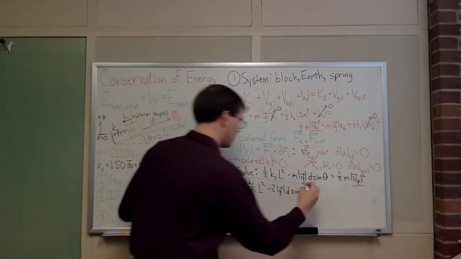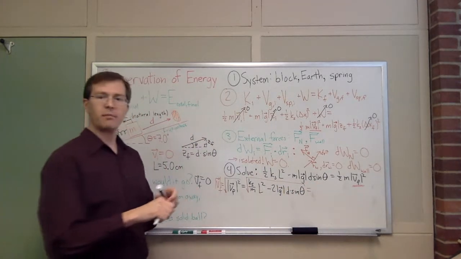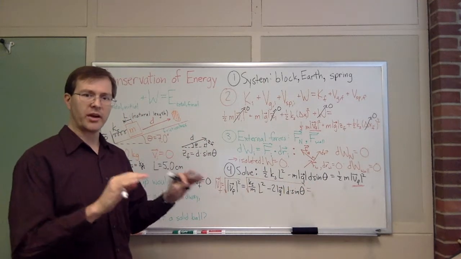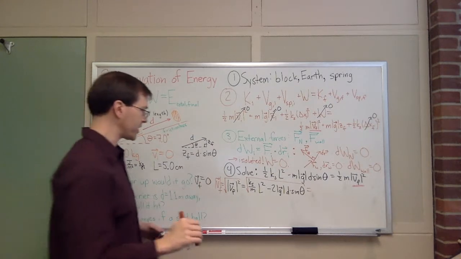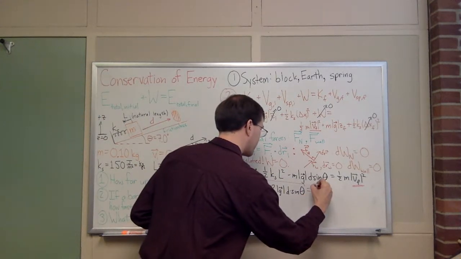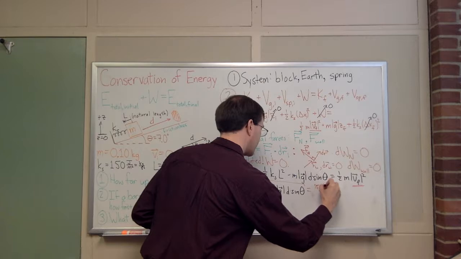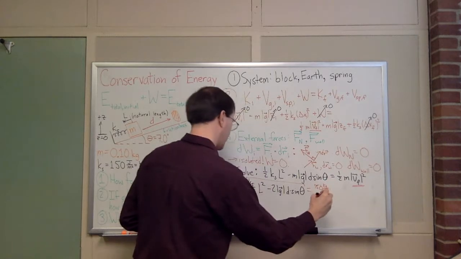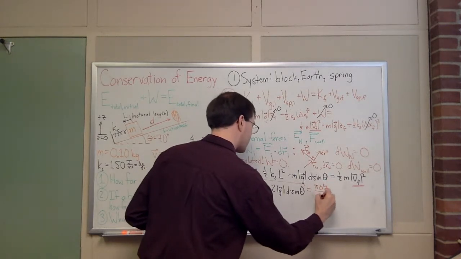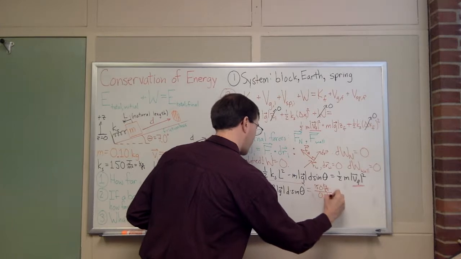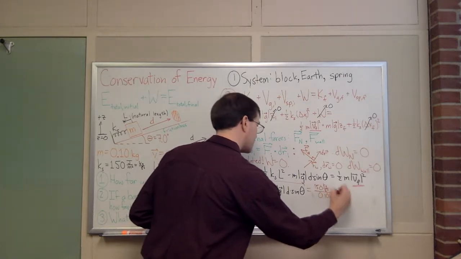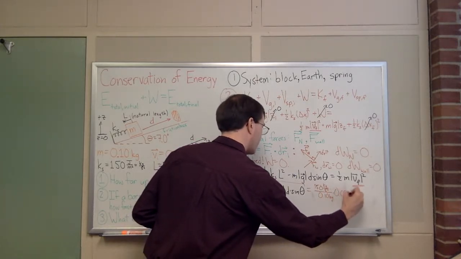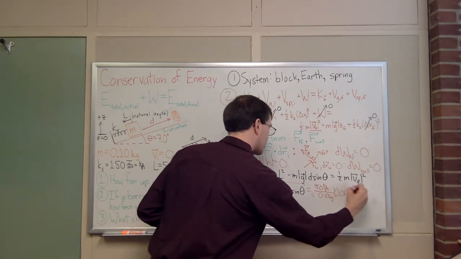Let me put in some numbers to make sure that my units work. Again, I'm not going to do the calculator in front of you because that seems boring, but I'll check the units at least. K spring is 150 kilograms per second squared, divided by my mass, which is 0.10 kilograms, times 0.05 meters squared.